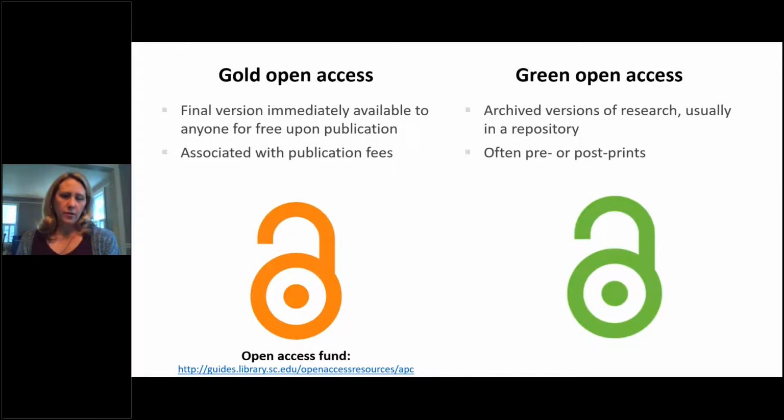So the first option, the one that says gold open access, is kind of the one that most of us are used to seeing when we think about open access. And that's where we publish in a journal, and as soon as we publish, it's immediately available for anyone to read. Great, that's wonderful. So let's think about the way that publishers traditionally make money.